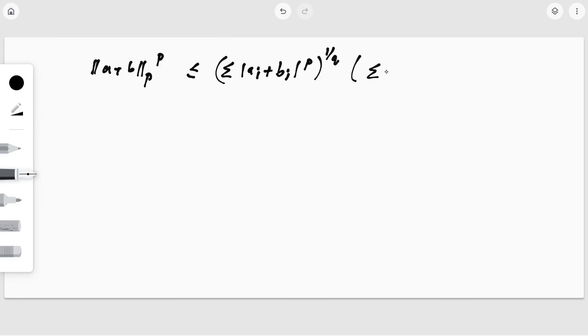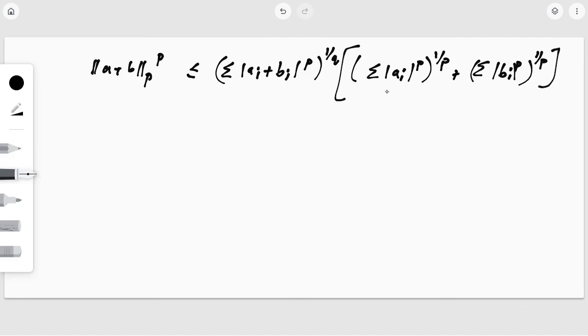Now we can see that norm p of a plus b whole raised to p will be less than or equal to summation mod ai plus bi whole raised to p whole raised to 1 by q into summation mod ai whole raised to p whole raised to 1 by p plus summation mod bi whole raised to p whole raised to 1 by p.